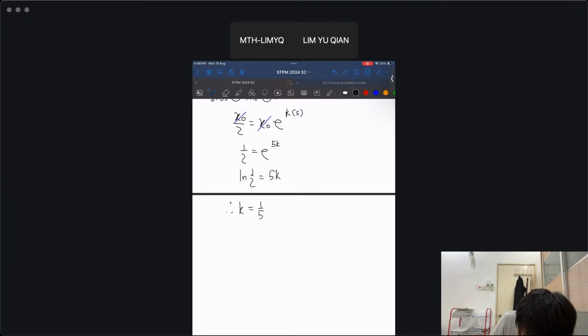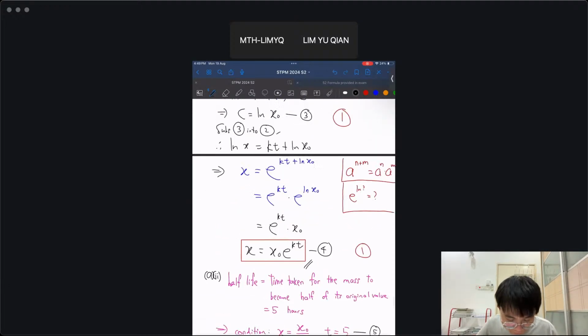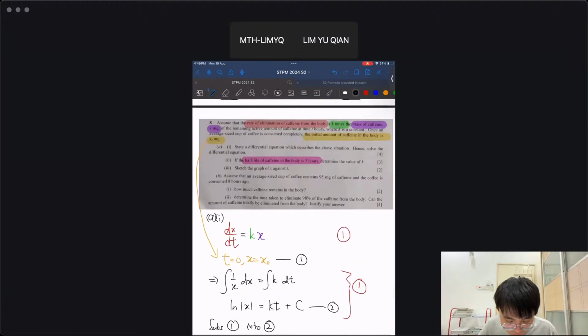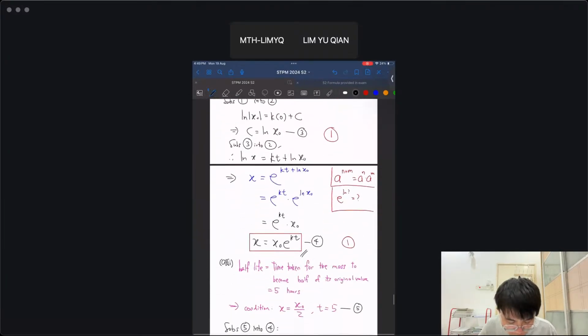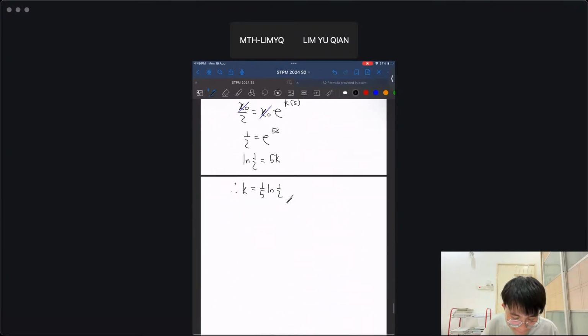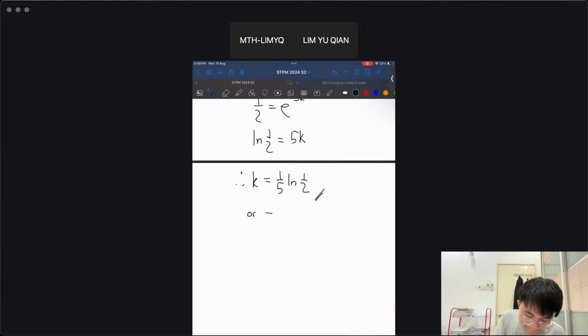1 over 5 ln 1 over 2, or this one actually is a good answer already. For me, I think this is a good answer already. Or some of you will prefer using this, because 1 over 2 is equal to 2 power negative 1.